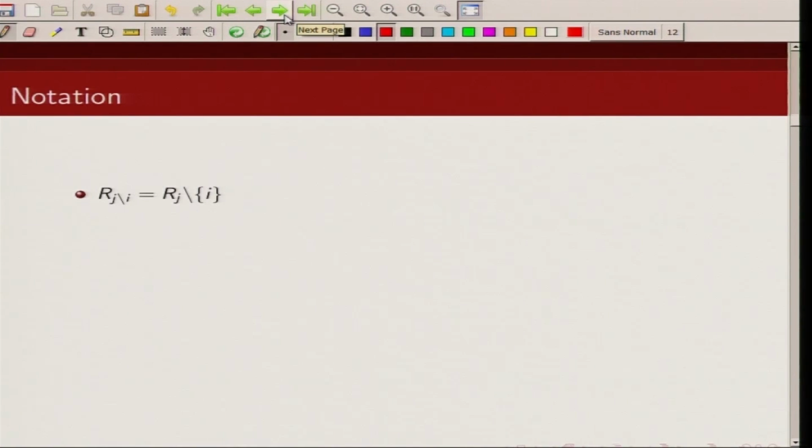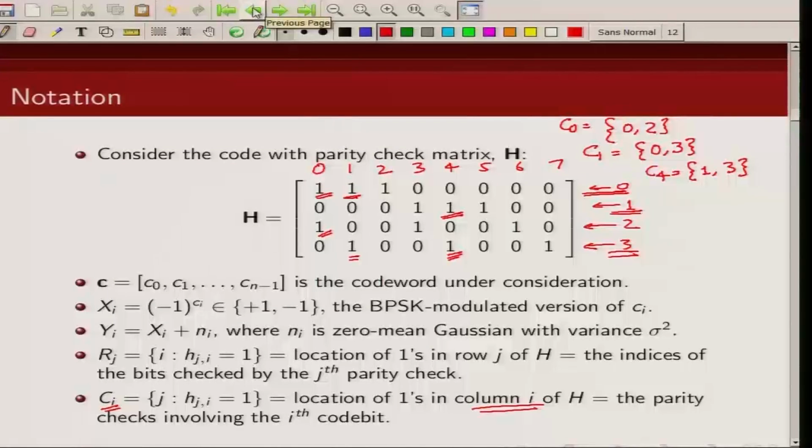Now we define this set Rj minus a particular element i. So let us go back. What was R0? R0 was the location of ones in the 0th row. So that location was 0, 1 and 2.